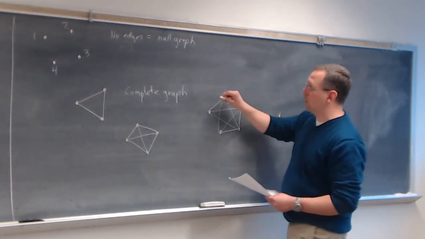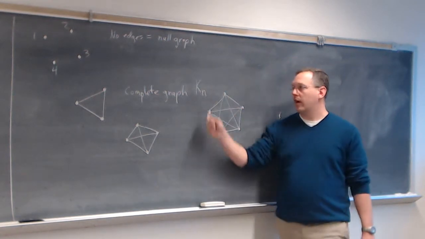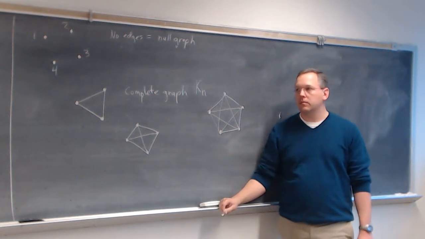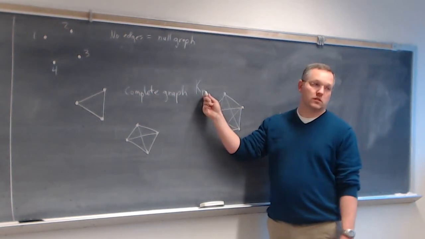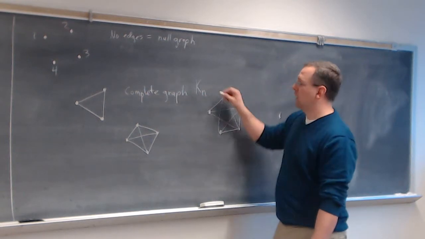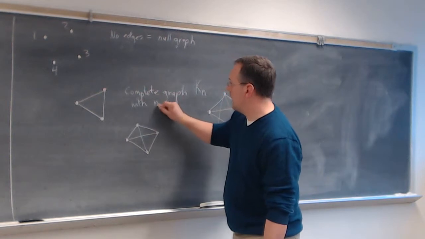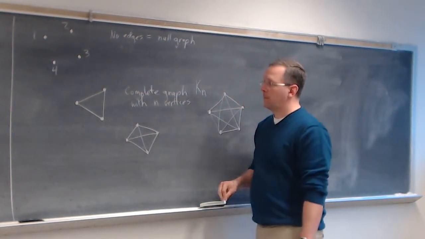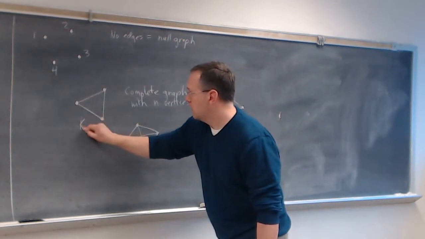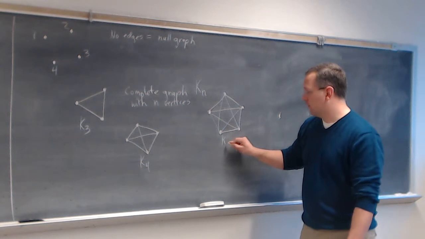These complete graphs are often denoted by Kn, where n is the order of the graph, how many vertices. So Kn is the complete graph with n vertices. This is K3, this is K4, this is K5.